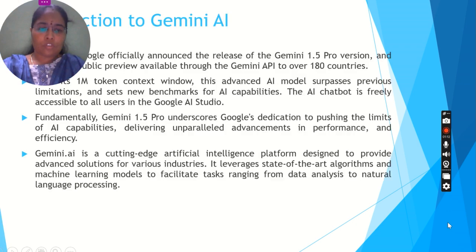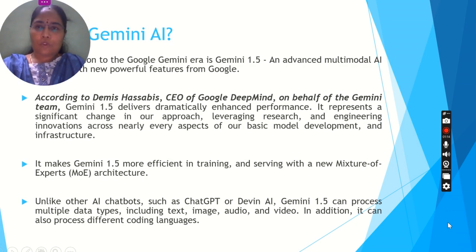Let me move on to the next one. What is Gemini AI 1.5 Pro? It is an advanced multimodal AI. We already know ChatGPT, which has the text feature, and we always use Google Lens for taking pictures.